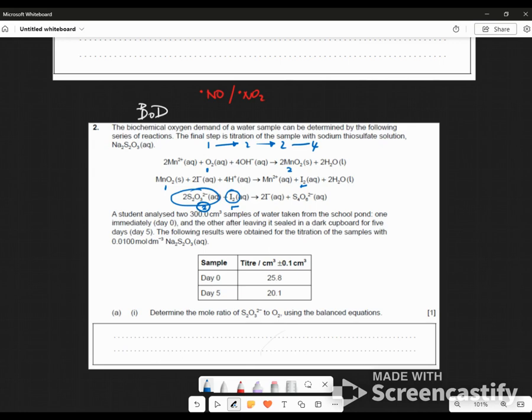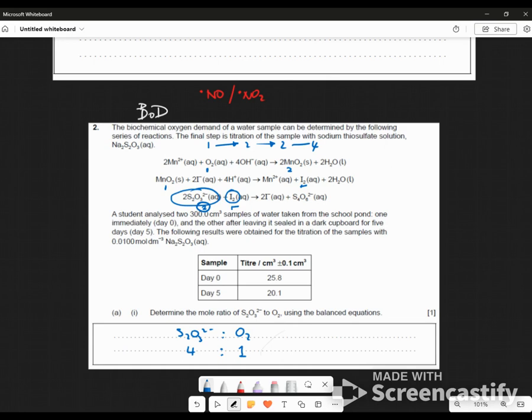So I hope you understand how I did that. Just working carefully through the reaction. So for every S2O3 2 minus in ratio with the O2 it's 4 of these to 1 of these. All right, it's trickier than it looks, this one.